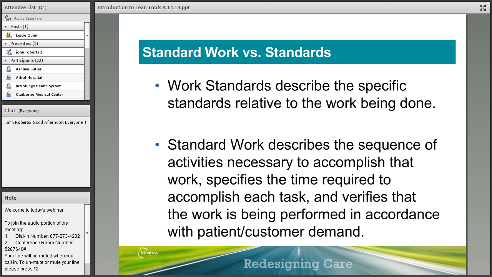Standard work is the most effective combination of activities that minimize non-value-added activities while providing high-quality care. And I need to mention that standardizing isn't the goal, but the goal really is better safety, quality, access, cost, and staff morale. That's really what we're trying to achieve.